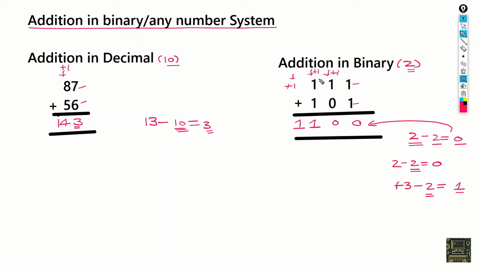Using this rule, we can do the addition of any two numbers in any number system, whether it is decimal, binary, octal, or hexadecimal. So this is the general rule for addition of two numbers in any number system.